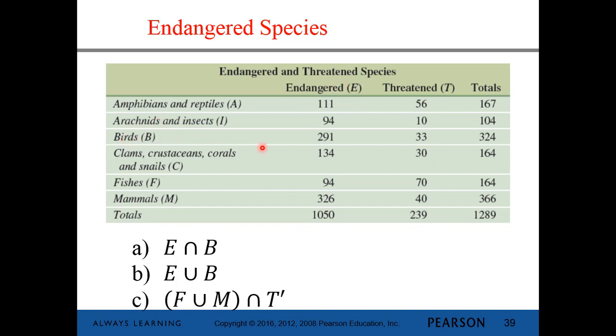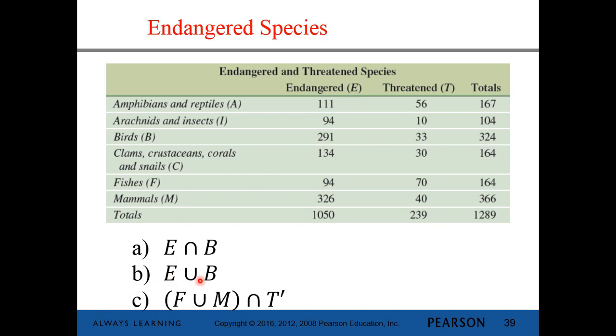It's going to be the intersection of this row and this column. So the set of E and B is this set, which is 291. There are 291 species that are both endangered and birds, or 291 endangered birds.